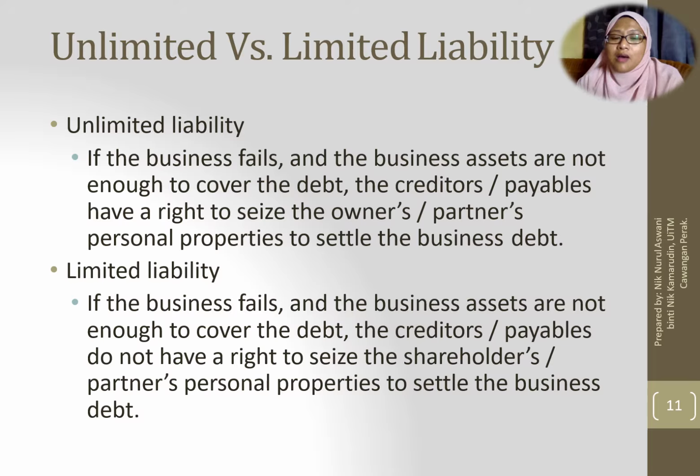Compared to limited liability, if the business fails and the business assets are not enough to cover the debt, the creditors or the payables do not have the right to take or seize the shareholders' or partners' personal properties to settle the business debt.